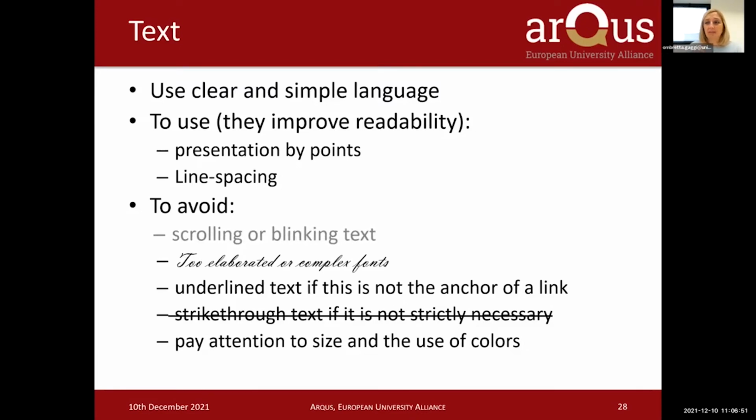And also line spacing is very important, even for people with dyslexia and people with cognitive impairment. Usually, we need a line spacing height that is 1.5 the size of the text. So if the text is, for example, 16 points, we need 1.5 times 16 points, so 24 points, okay?